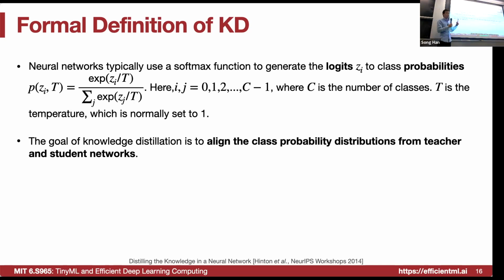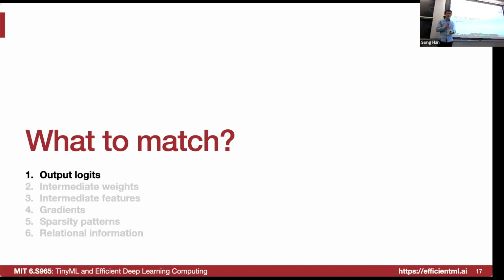The goal of knowledge distillation is to align the class probability distributions between the teacher model and the student model. Just like what we showed in the image before, if the student model is less confident, by learning the Logits from the teacher model, it's going to be more confident.